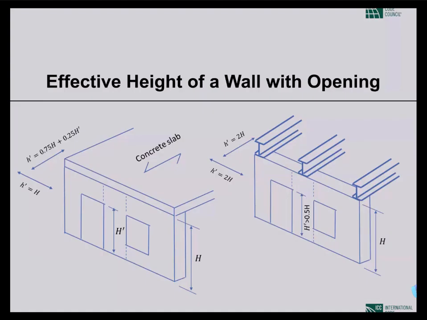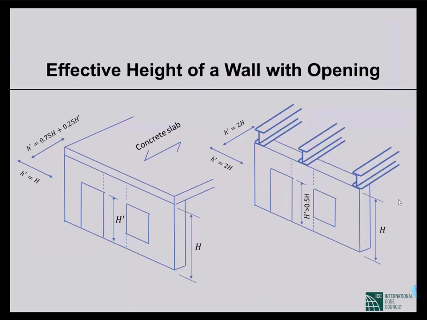Now, if there are openings, then the definition of effective height will be different. For example, in the picture on the left, there is continuous support, but there are openings.